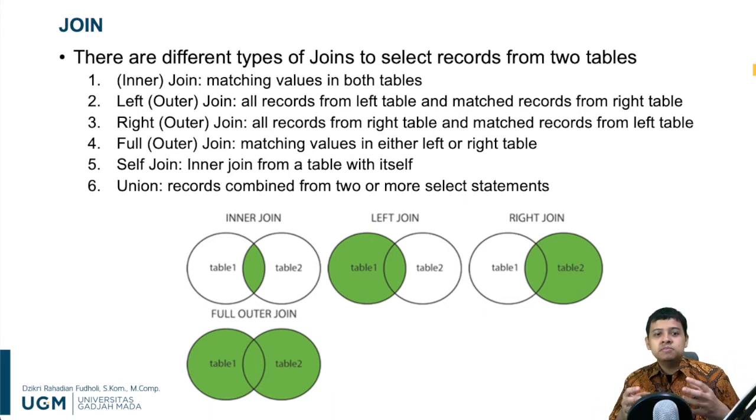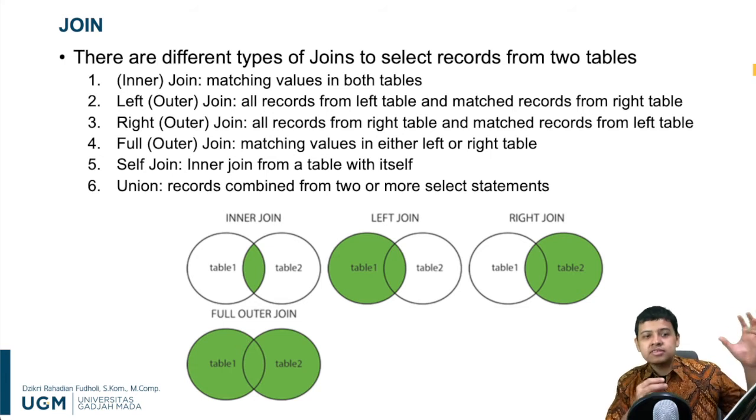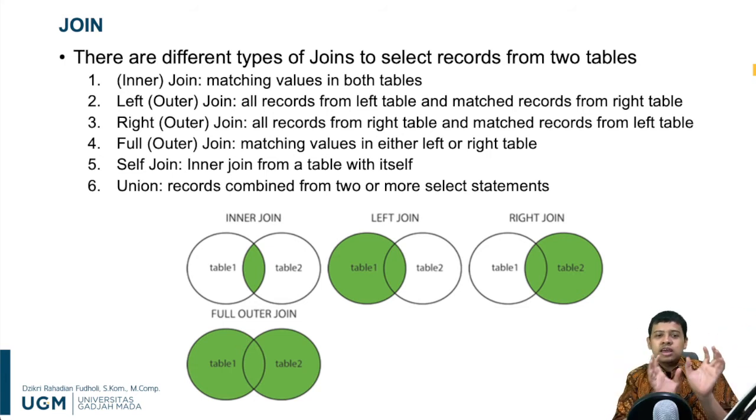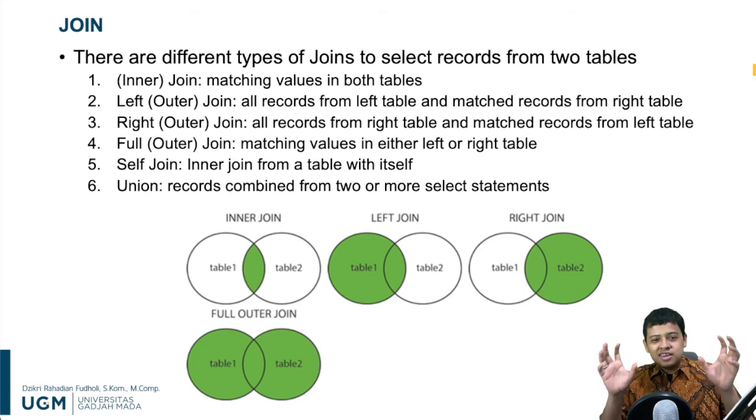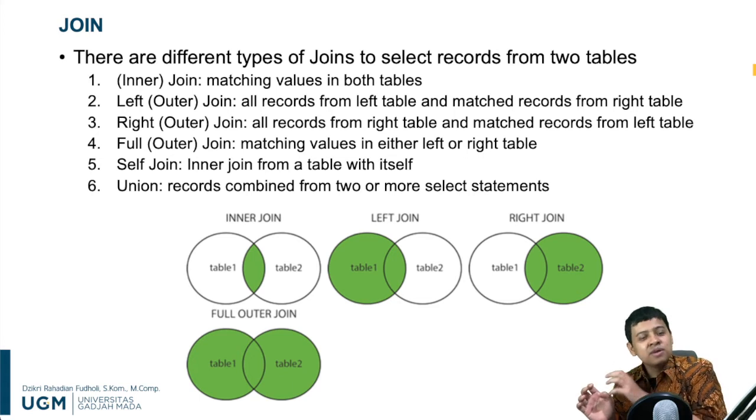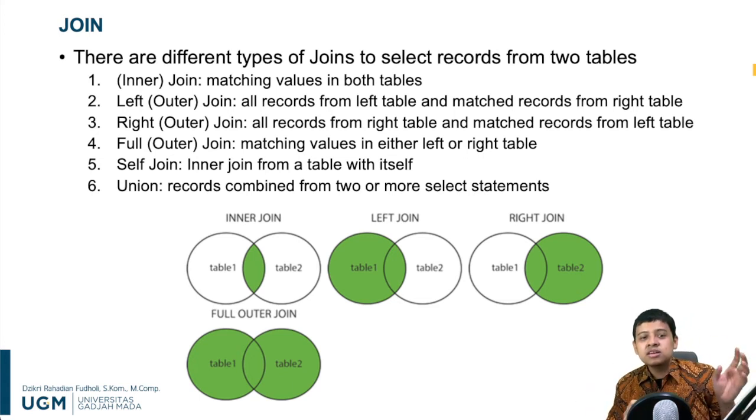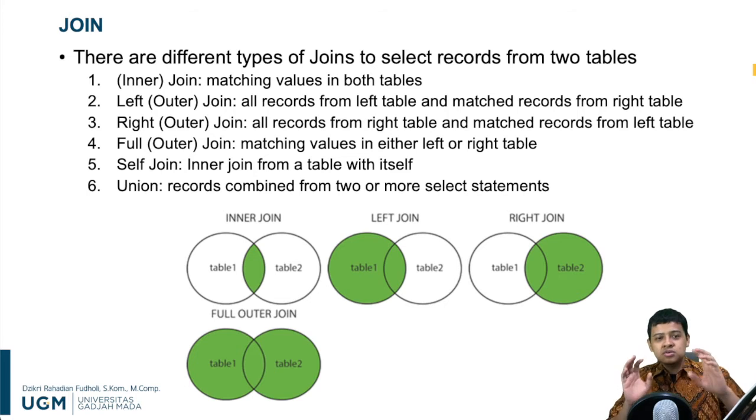The syntax will be table 1 left join table 2, and the left is table 1, at the left side of the join syntax, and the right join will be on the right side of the join syntax. It can also be switched: table 2 left join table 1 is exactly the same as table 1 right join table 2. So right and left are just the position of the table.